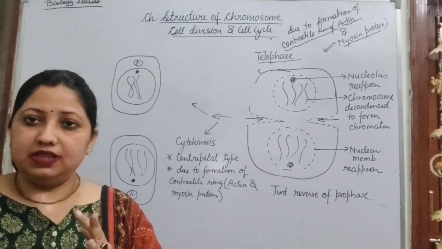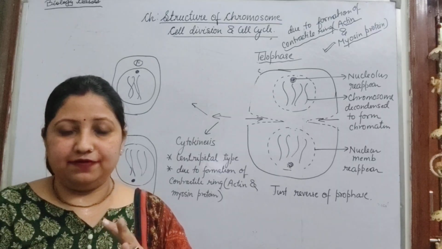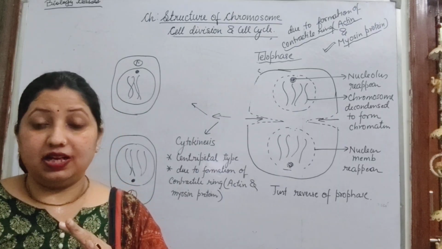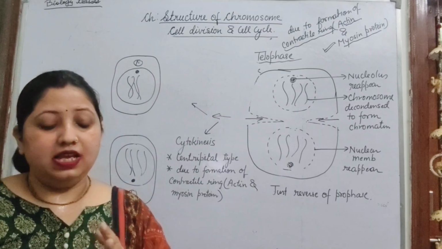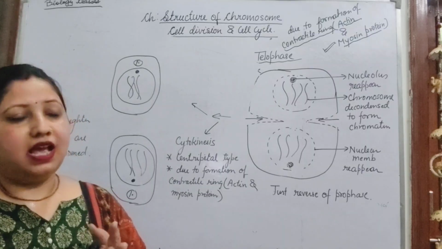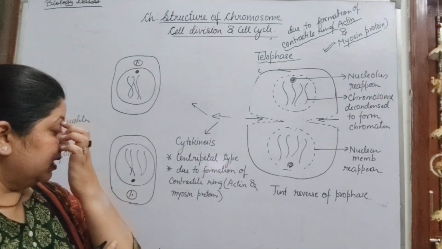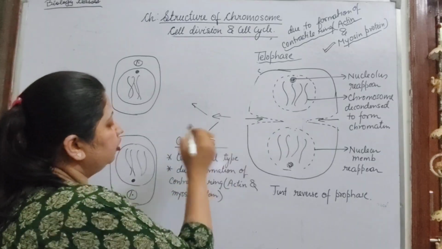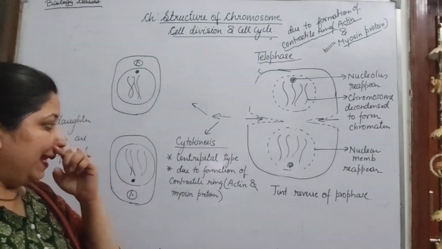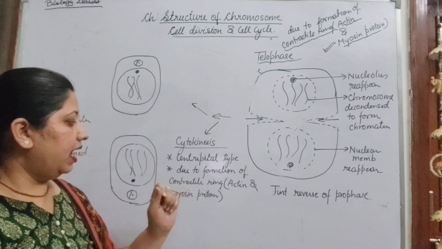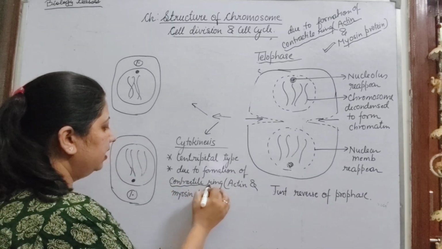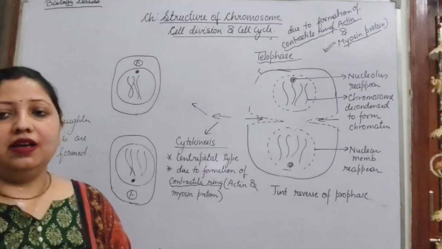From the late prophase, the cell enters into the metaphase. From metaphase, it enters into the early anaphase, then late anaphase. Then after telophase, the cytokinesis finally takes place. That is, cytoplasmic division takes place, and this is of centripetal type and due to formation of contractile ring. Now the two daughter cells are formed.